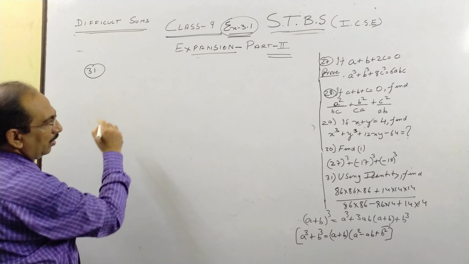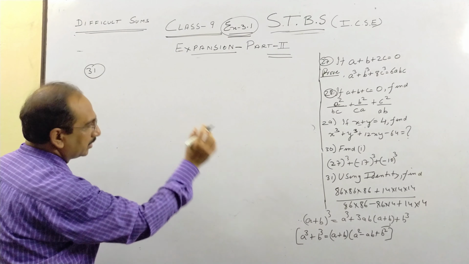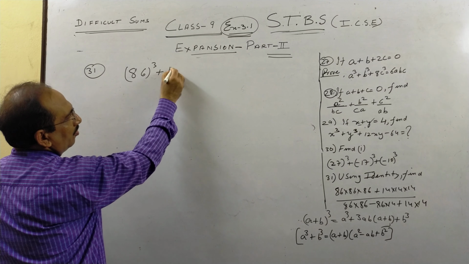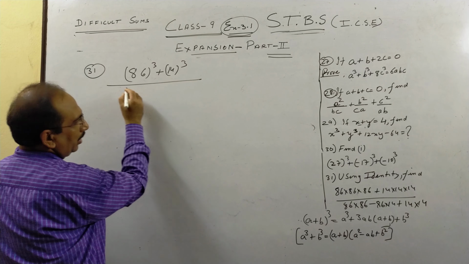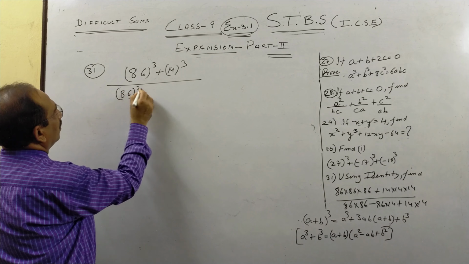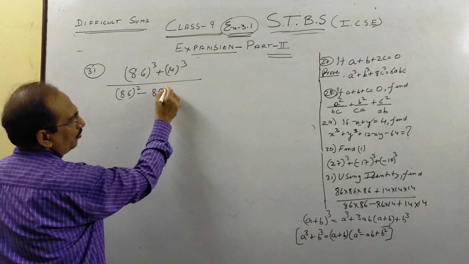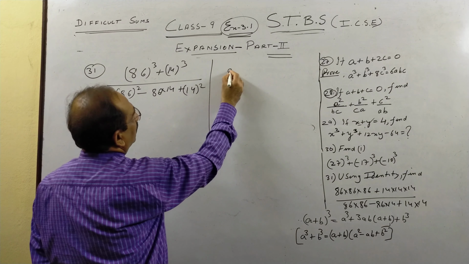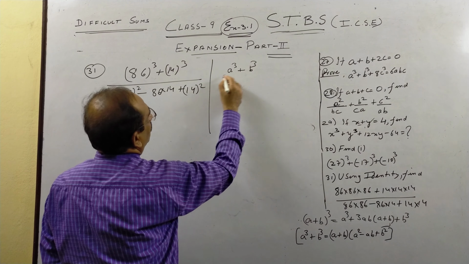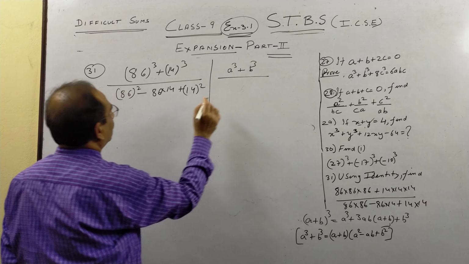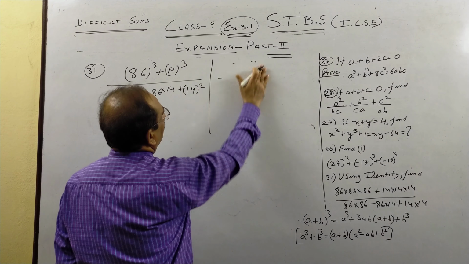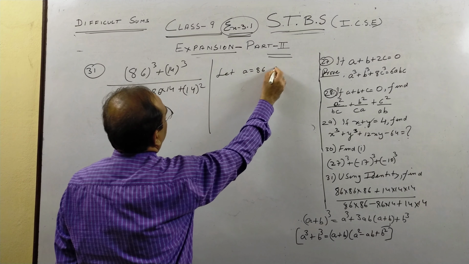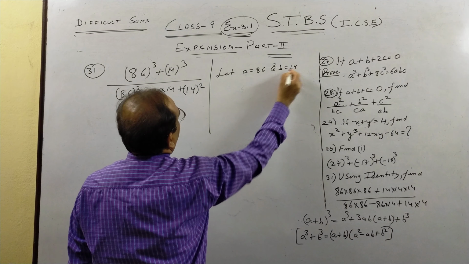I am not writing the question, you please write 86 cube plus 14 cube by 86 square minus 86 into 14 plus 14 square. This you compare with A cube plus B cube. So let A be equal to 86 and B be equal to 14.